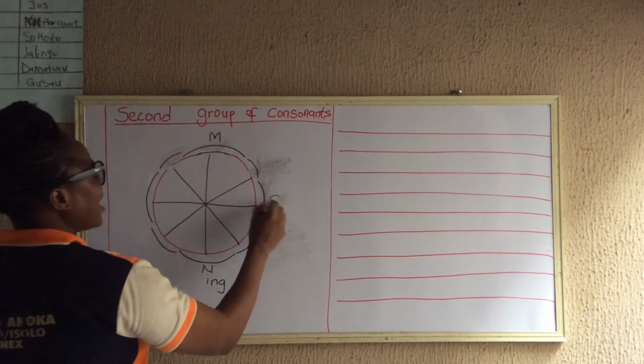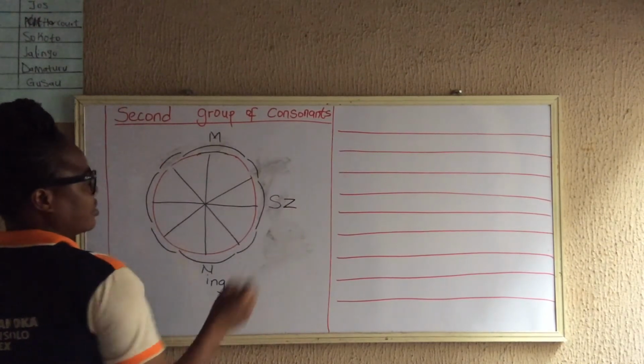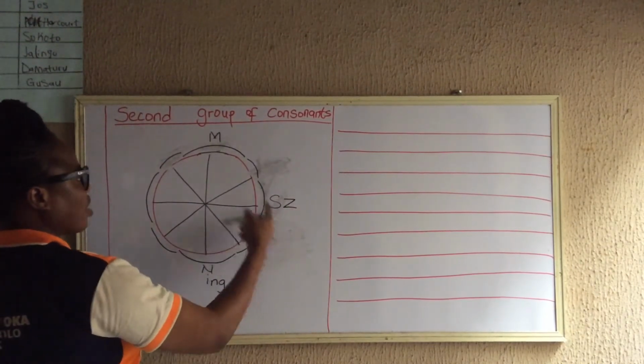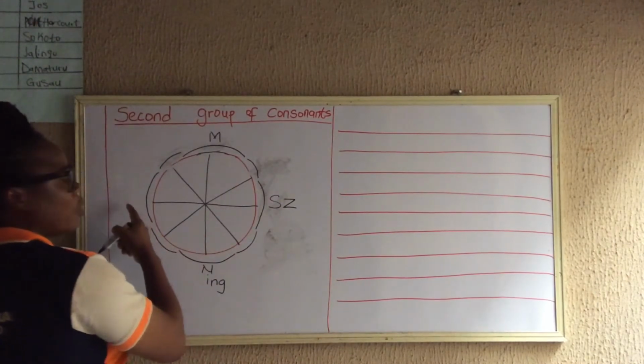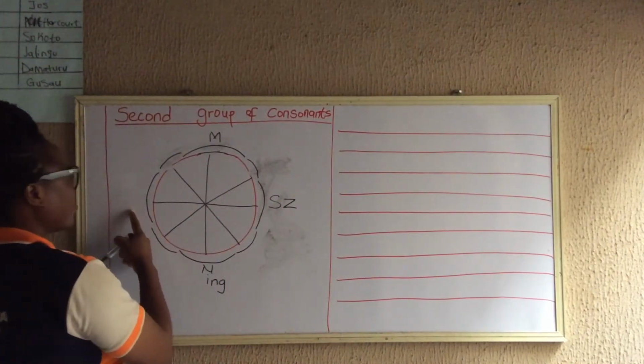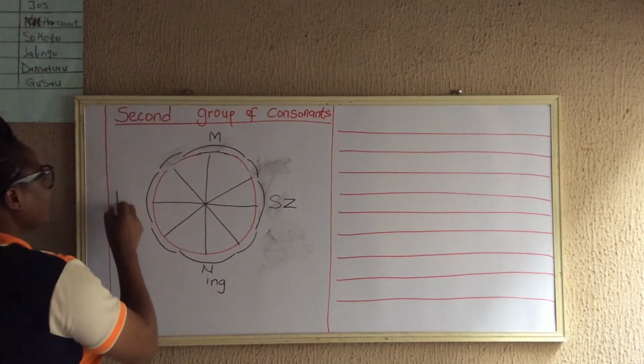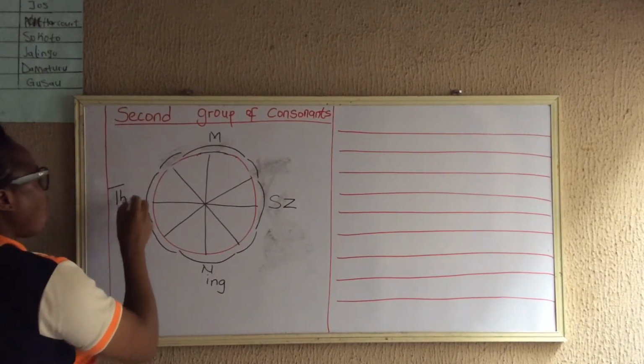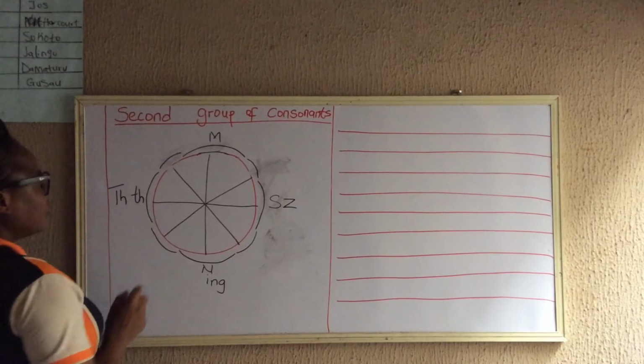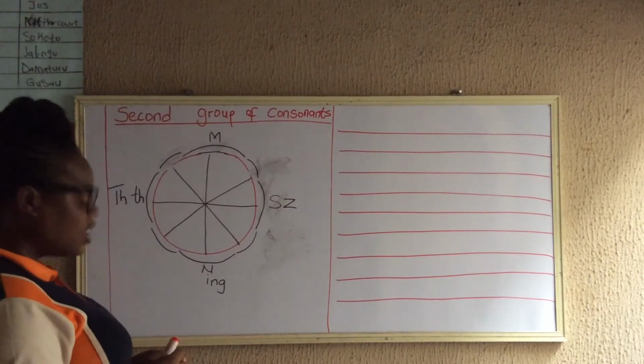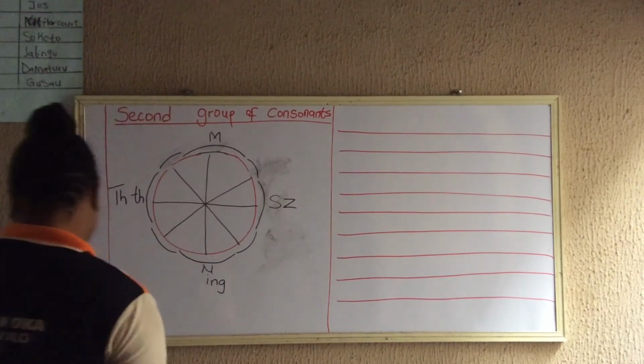This place is S or Z. S or Z. And the other side here is TH, or the small letter TH.